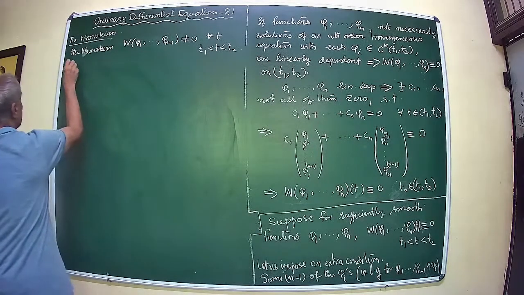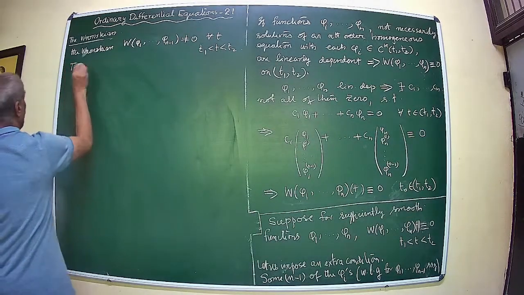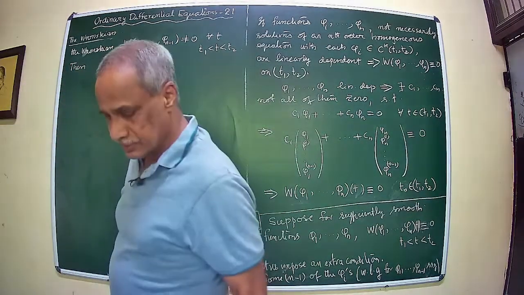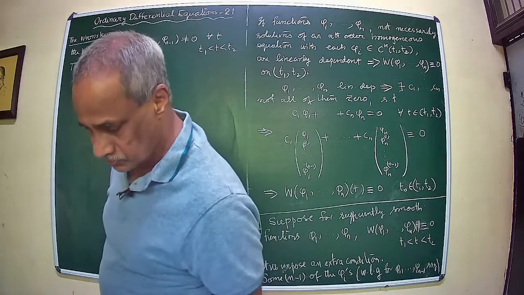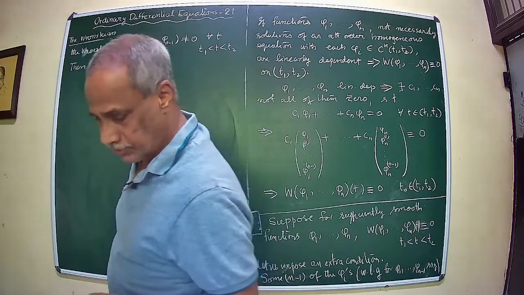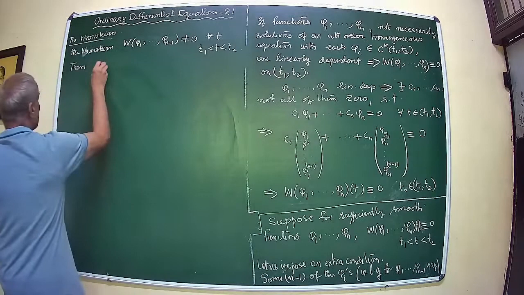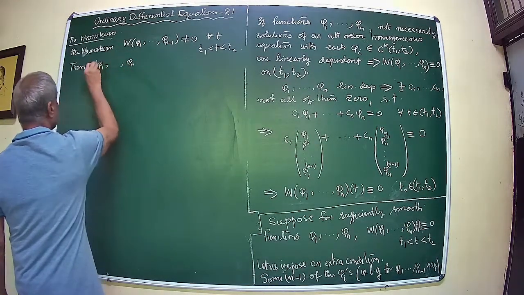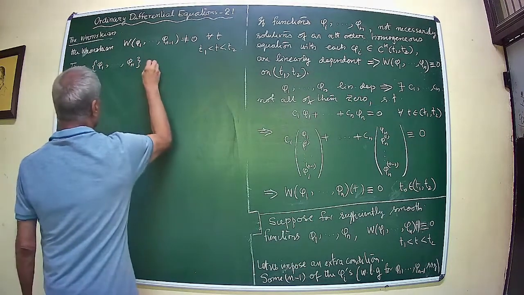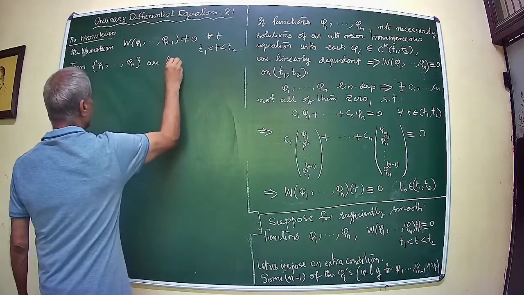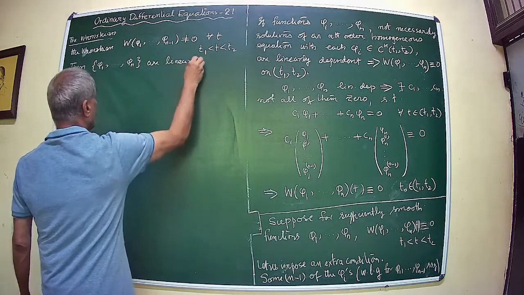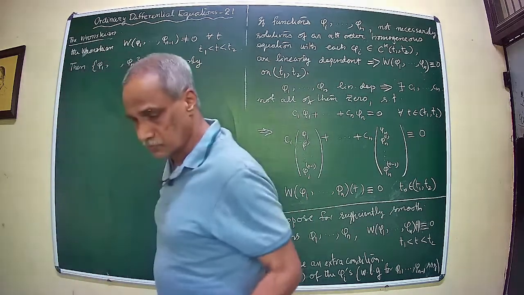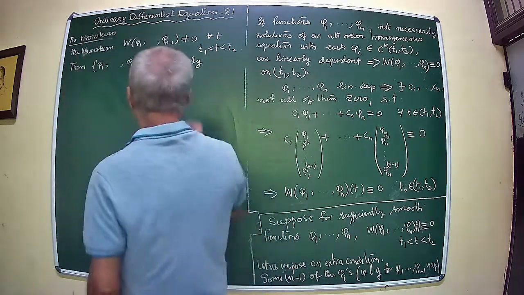Then what you can infer is that phi 1, phi 2, up to phi n are linearly dependent.